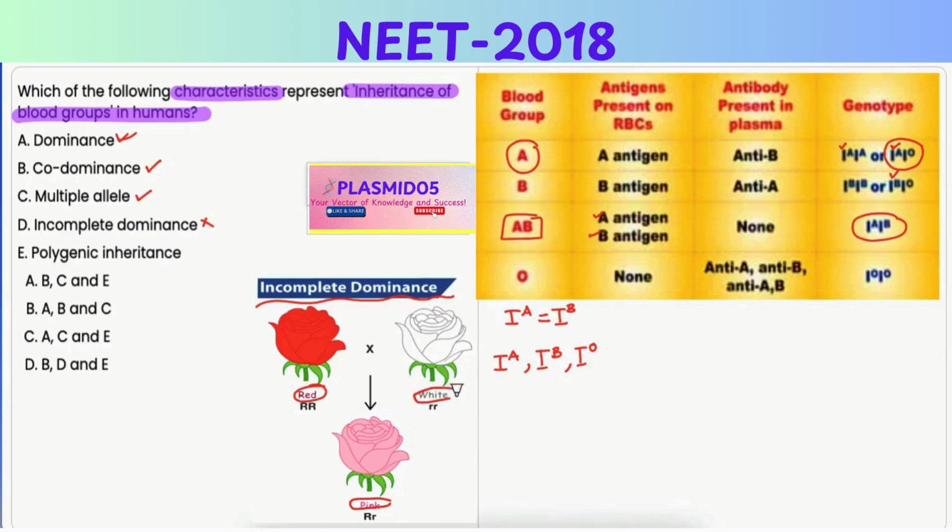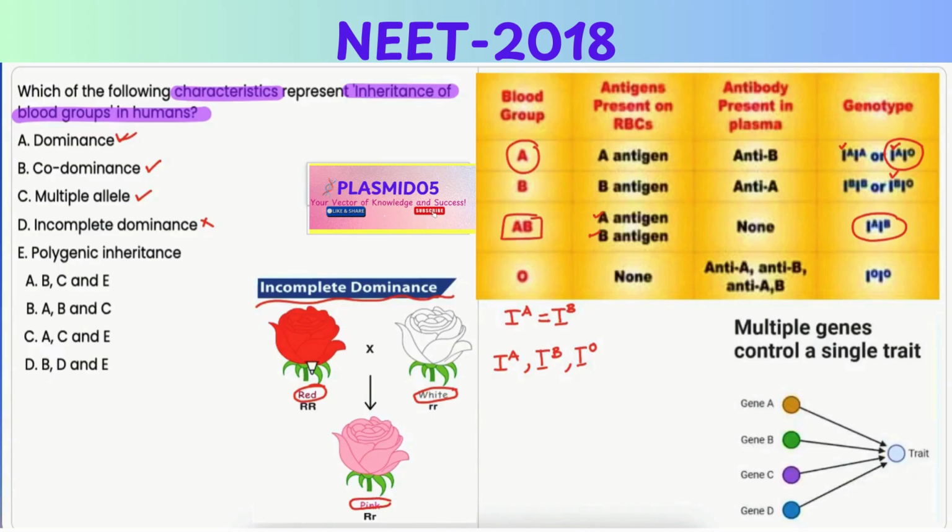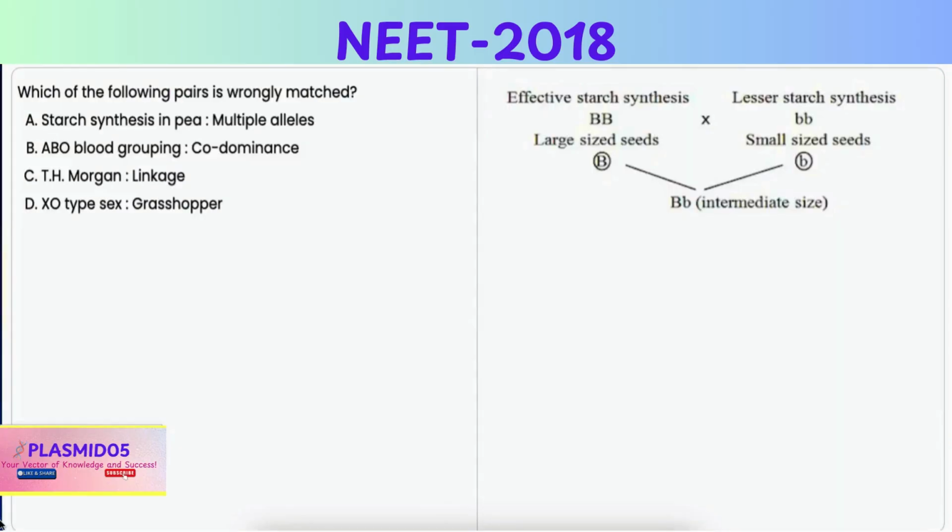So this is not applicable to the ABO blood group system or IA, IB, IO alleles. E, polygenic inheritance. This is also incorrect because polygenic inheritance involves multiple genes contributing to a single trait. Blood group inheritance is controlled by a single gene with multiple alleles, not multiple genes. So it is not polygenic. So the correct answer is option B.